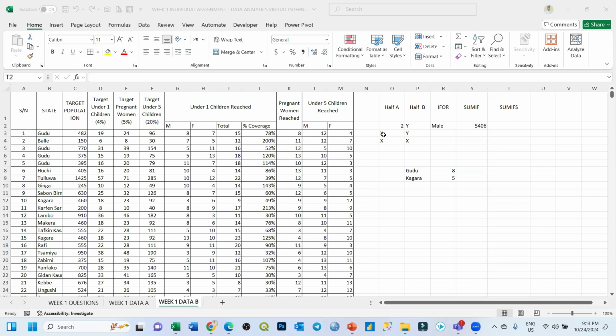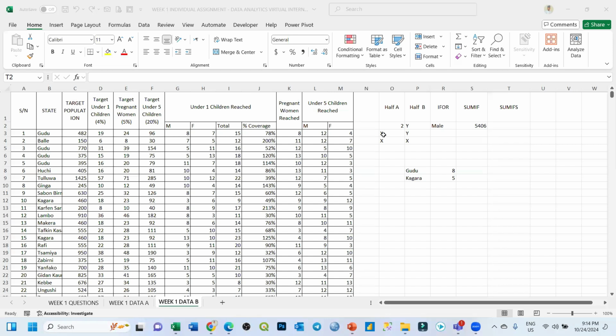Let's say we want to sum Gudu LGA, but only Gudu state where the target population is more than 500, and we want to know their total under one.